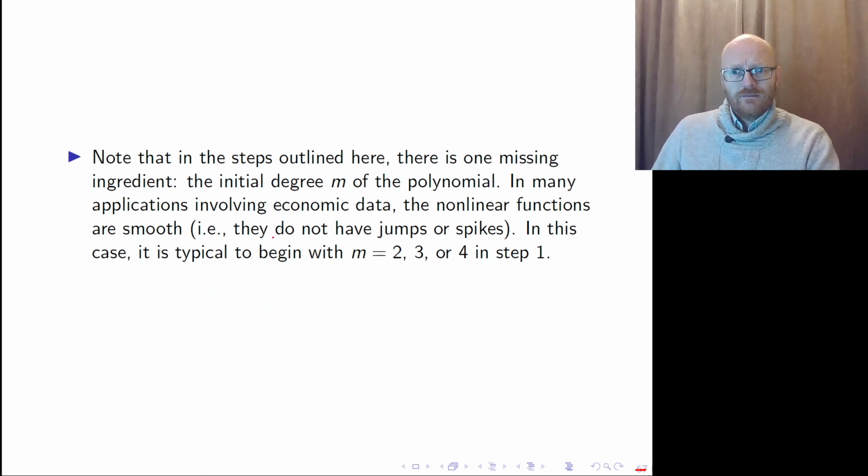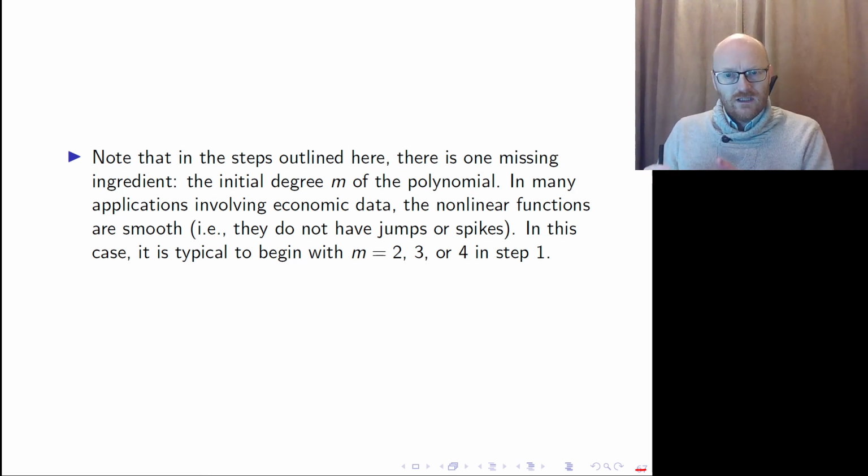So there is one missing ingredient, and that is, how do you pick m to begin with? Okay, how do you pick the initial degree of the polynomial? Well, according to economic data, you would not pick a degree of m which is very high.